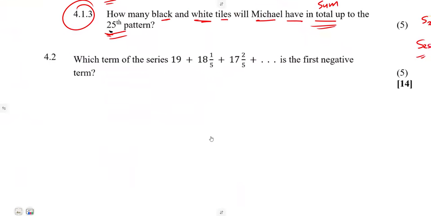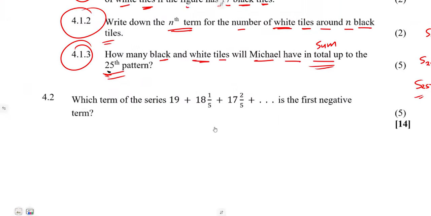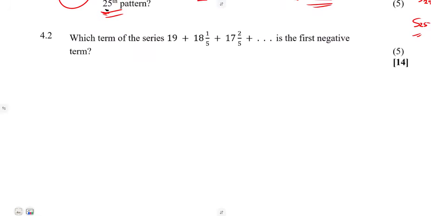All right. This one is another question on its own, different from what we had. Which term of this series that we are given here, 19, 18 and 1 over 5, is the first negative term?